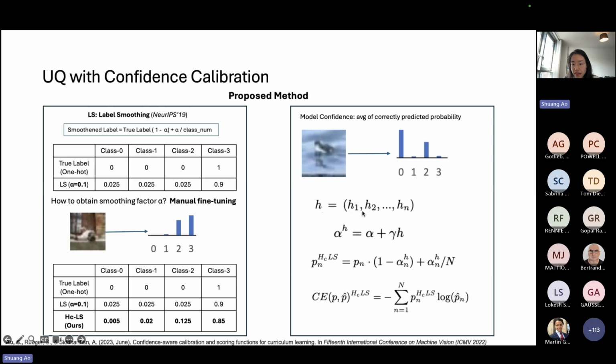This is our proposed method. H1, H2 mean the human confidence for each class. For example, for the Southampton dataset, there are 10 different labels. This is the smoothing factor, and this gamma value is what we will tune. We integrate this human confidence inside the label smoothing equation, and then we modify the cross entropy loss in this way.